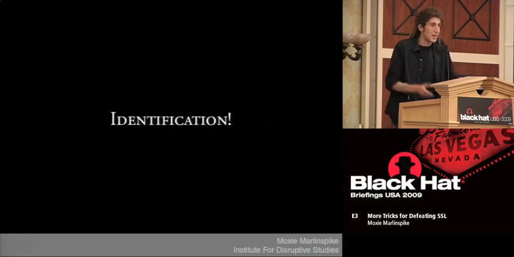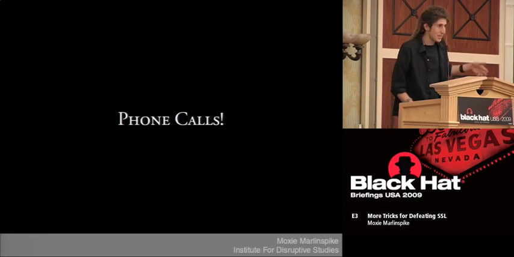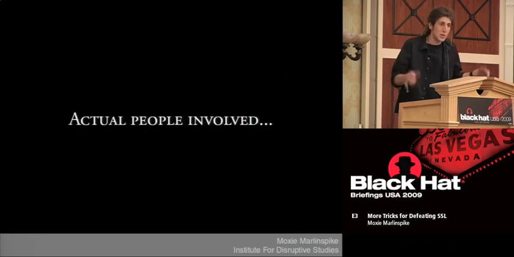I had to present state ID. I had to make phone calls. There were real people that I talked to on the phone. I remember talking to some guy at VeriSign on the phone, and he was grilling me. And I remember thinking to myself, my God, how am I going to prove to this guy that I am me? It was an intense process.